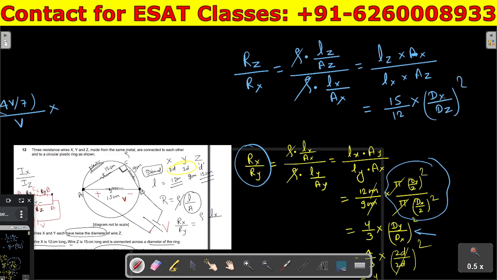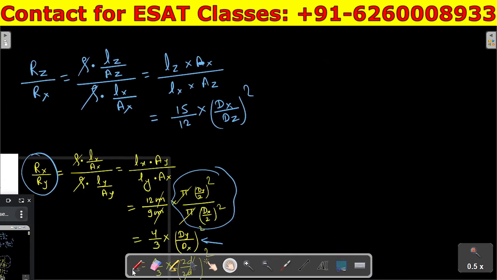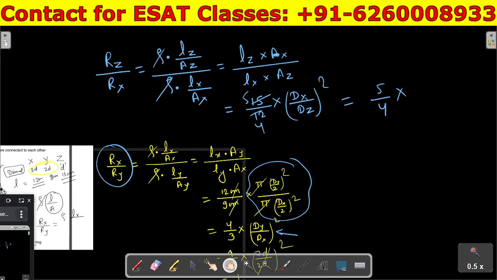I have written directly here because I have already explained in full detail earlier, right? Now just put the value and simplify: 3 5s are 15, 3 4s are 12, so it is 5 upon 4 times dx upon dz whole square. Diameter of x was 2d and diameter of z was d. So keep this and take the square.